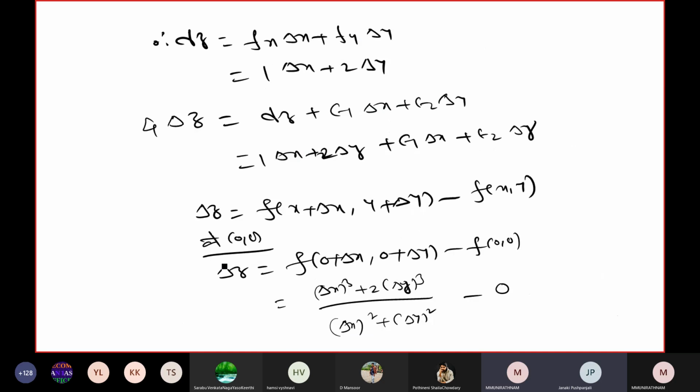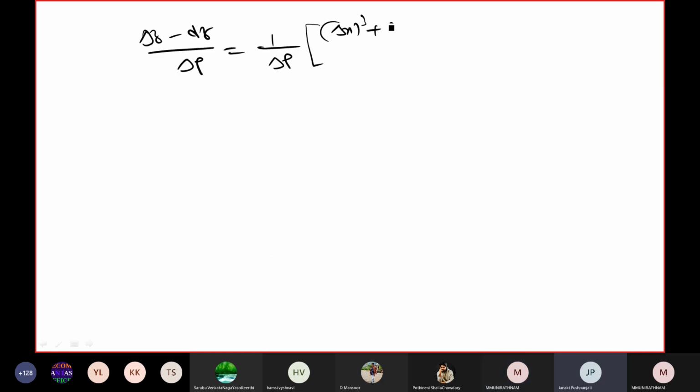So delta z minus dz by delta rho. Okay na? Delta z minus dz by delta rho, keeping 1 by delta rho as it is. Delta z is delta x whole cube plus 2 into delta y whole cube by delta x whole square plus delta y whole square, minus dz, which is delta x plus 2 delta y.